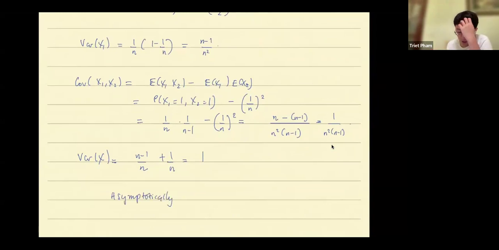As n goes to infinity, as the number of people throwing the hats together goes to infinity, what do you think the distribution of x approaches?